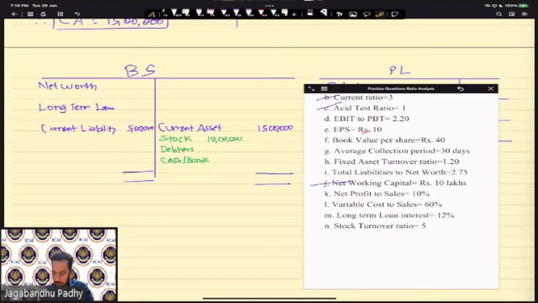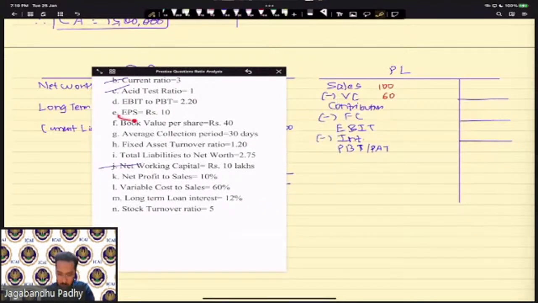EPS is 10. This is a figure we would arrive at by dividing this by the number of equity shares, which again we don't know. So we have just an EPS figure of 10.